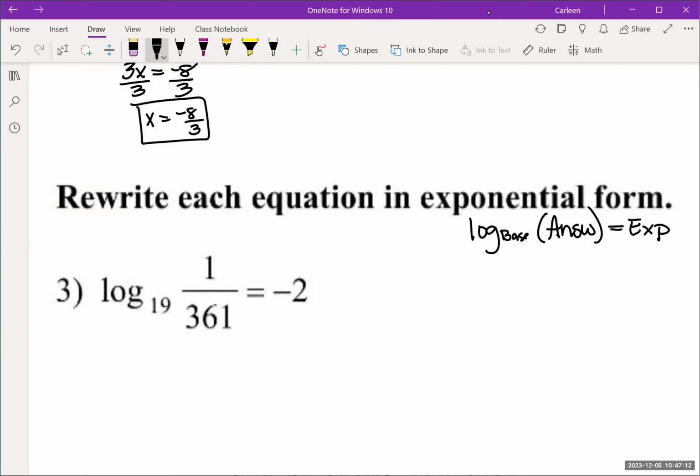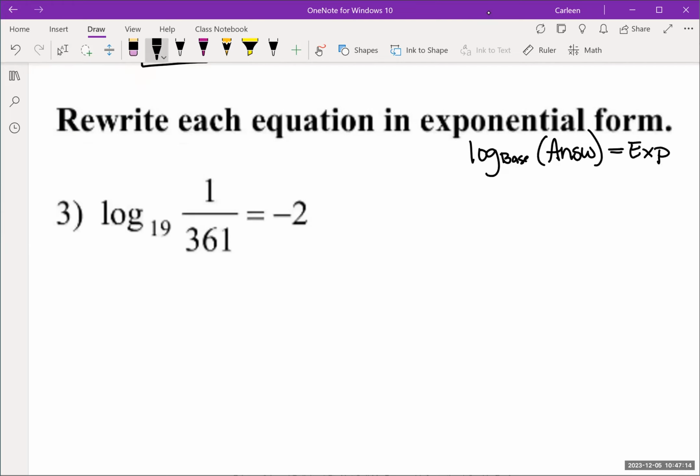Okay, Zoomers, be ready to type in, the base is what? Yeah, Zoomers, what's the base?